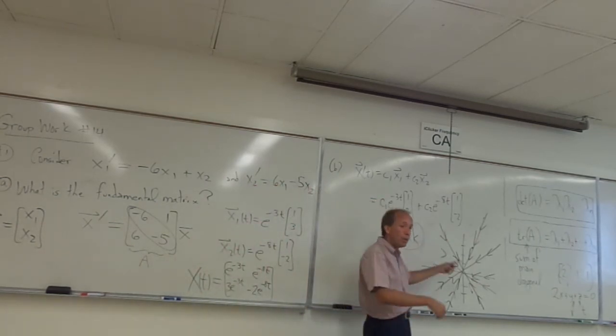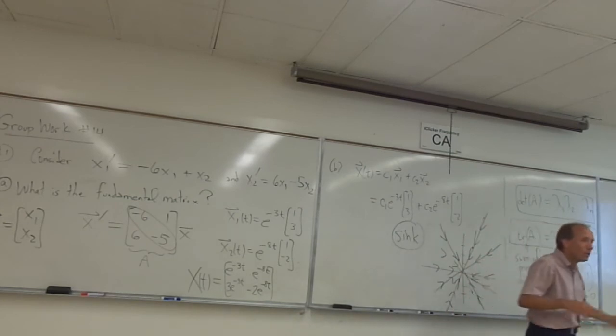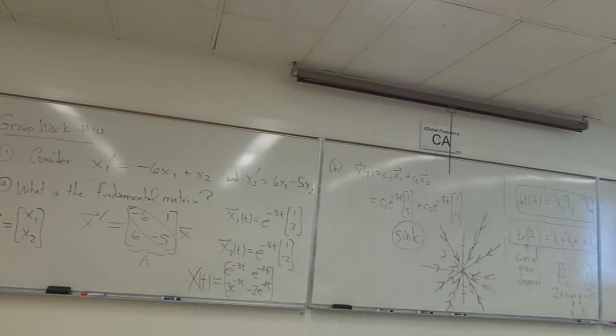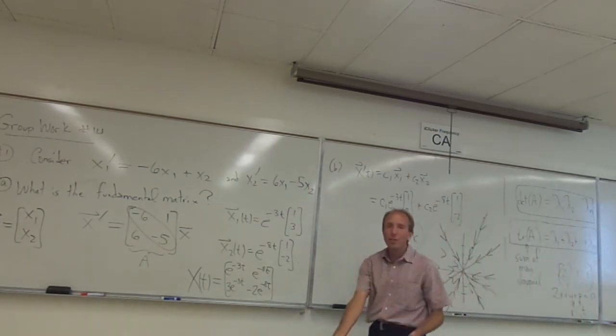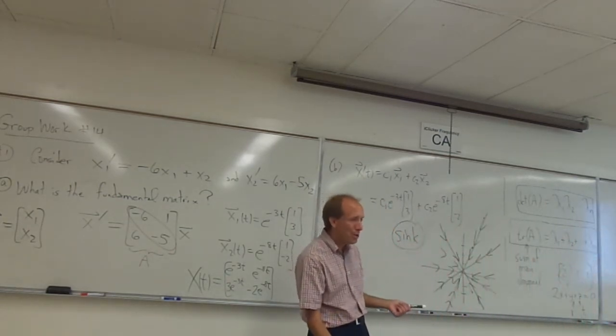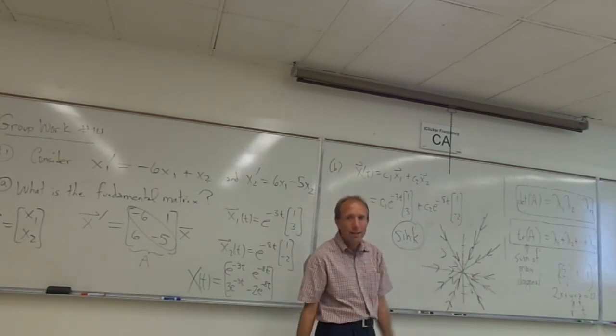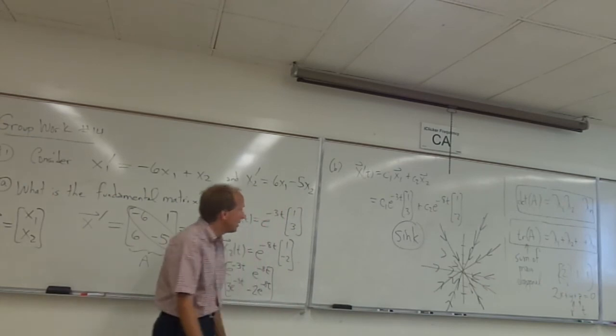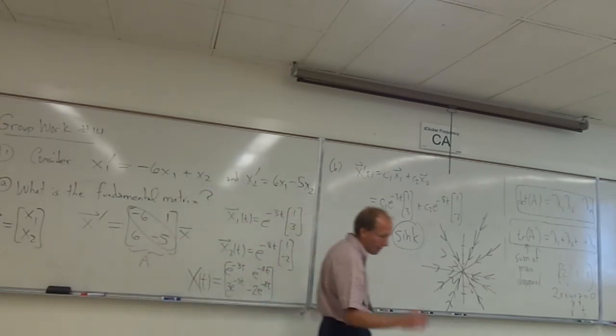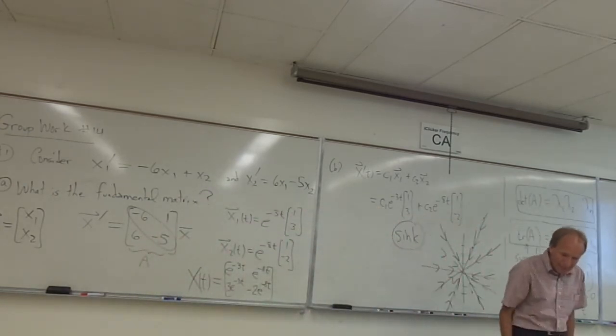I might have other pictures that were spiraling or saddles or whatever. I've never done that, but that's the kind of thing I like to do. I like to ask one or two questions that really test if you understand, if you can put the pieces together, even if you haven't quite done it in the past. So we'll see. I haven't written a test yet, so we good on that?